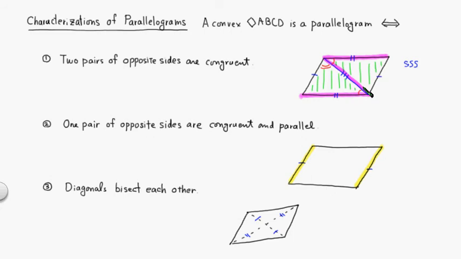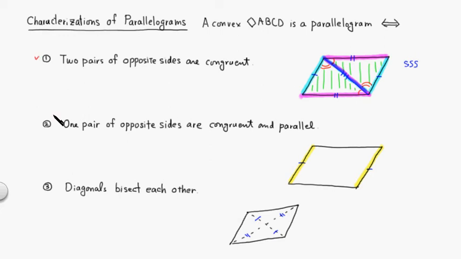This angle corresponds to that angle of congruent figures, so we can use the other Z property here to establish that these opposite sides are parallel to each other. So you have two pairs of parallel opposite sides, so we know that quadrilateral ABCD is a parallelogram. So we could verify number one.